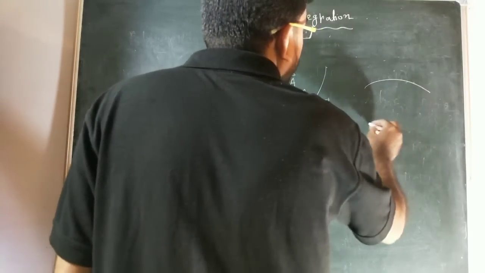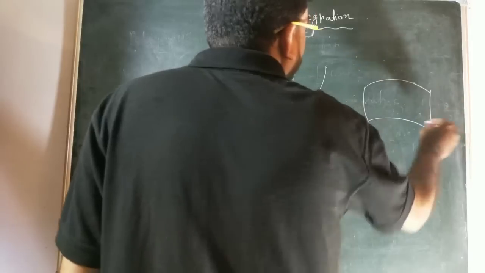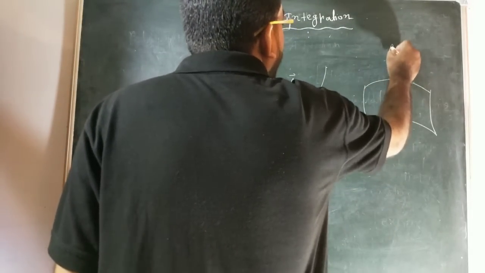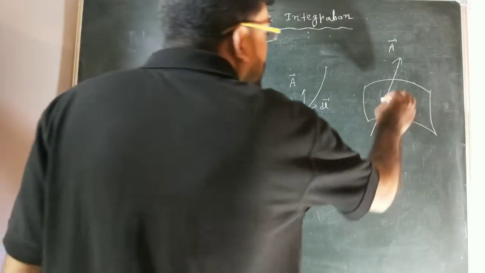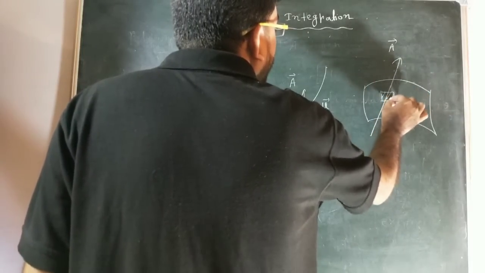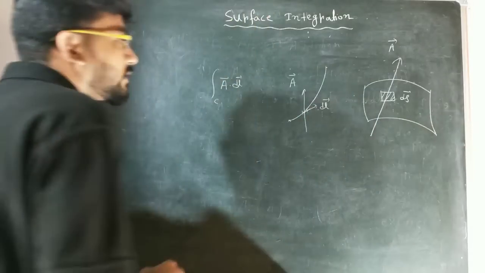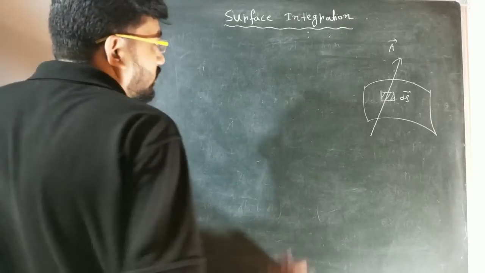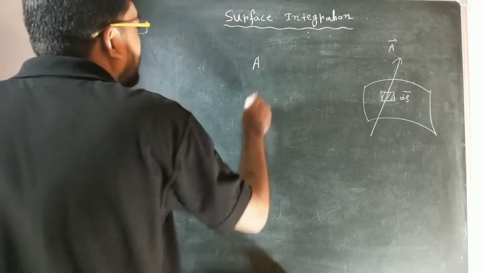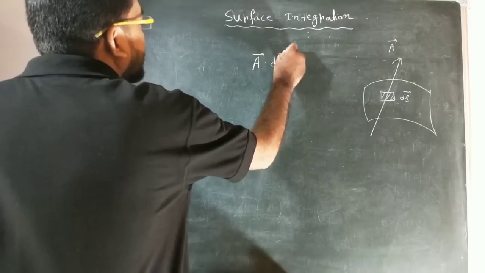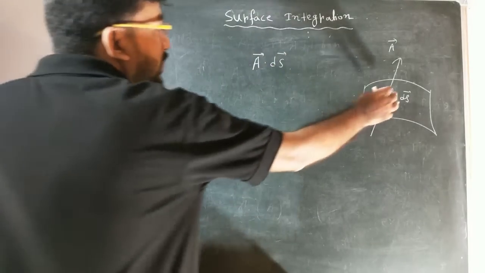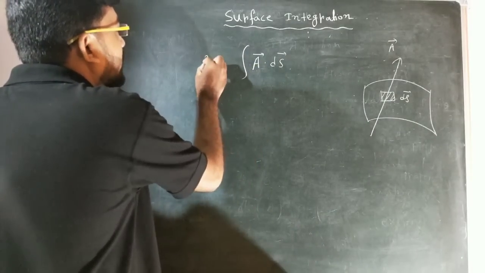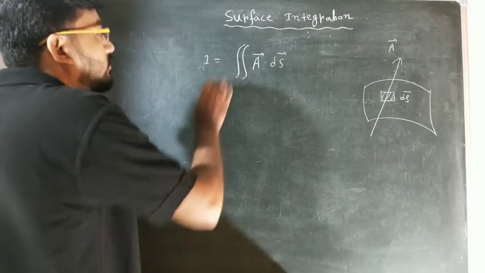Suppose there is a surface like this, and there is also a vector field A. If you choose a small surface element here, that is ds, and take the dot product of A and ds instead of dl, and then sum all the dot products of A and ds throughout the whole surface, then you will get the surface integration, which can be written like this. Sometimes it can be written like this also, okay.